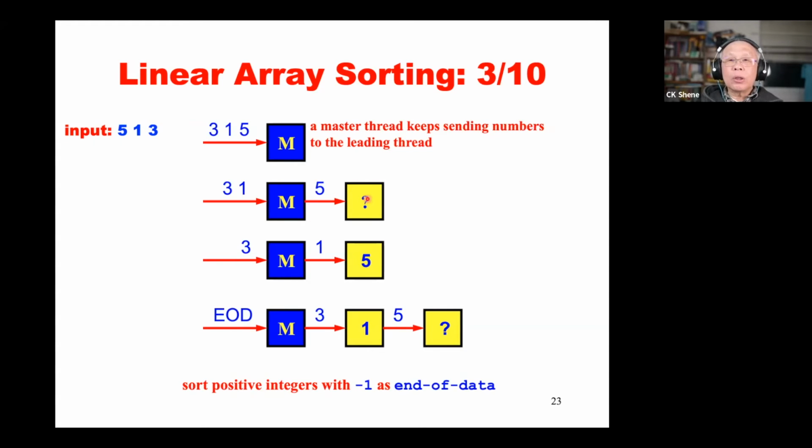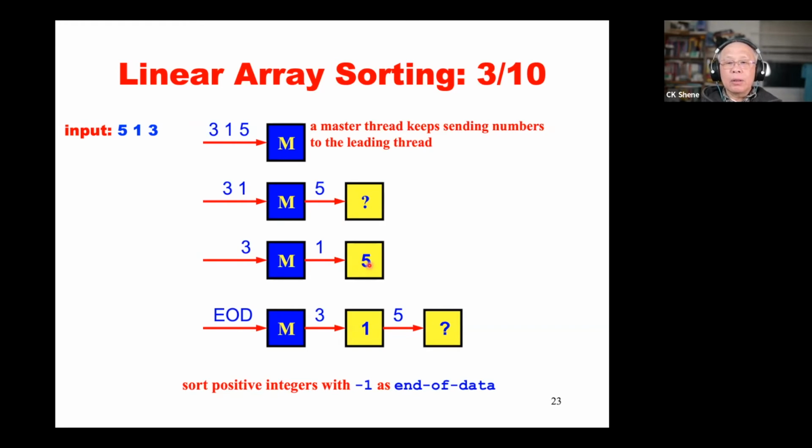So when this sorting thread is created and receives the first number, because this is the first number, the first sorting thread memorizes 5. At the same time, the master thread sends the second number, 1, out. Then this sorting thread receives the next value, 1. This value is smaller than the number it currently memorized.